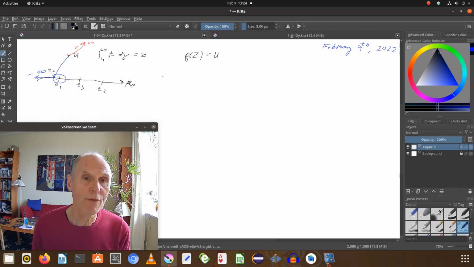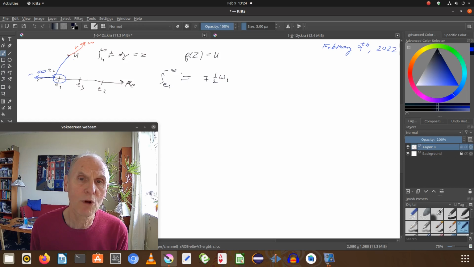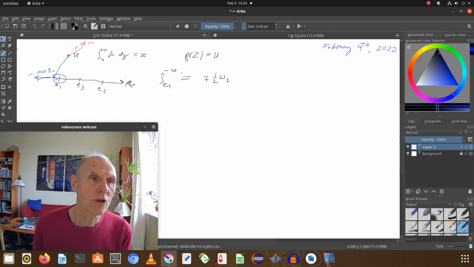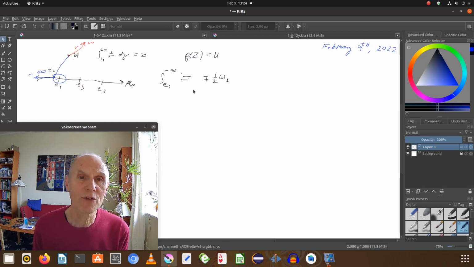So we have that the integral from e1 to minus infinity, I won't write the content here, equals minus plus 1/2 omega 1, which is purely imaginary. So going this way out towards infinity, we get the same value.